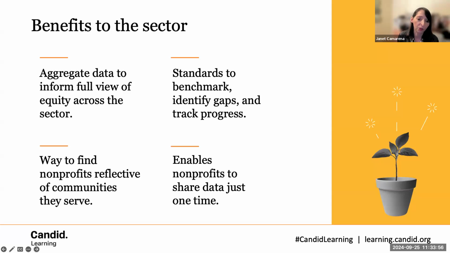And it enables nonprofits to save a lot of time. We just have to share our data one time, again, hopefully annually, as you get your annual seal of transparency, and then any funder who wants it can access it there, rather than creating an endless loop of surveys that you have to do to satisfy each different funder. Next slide, please.